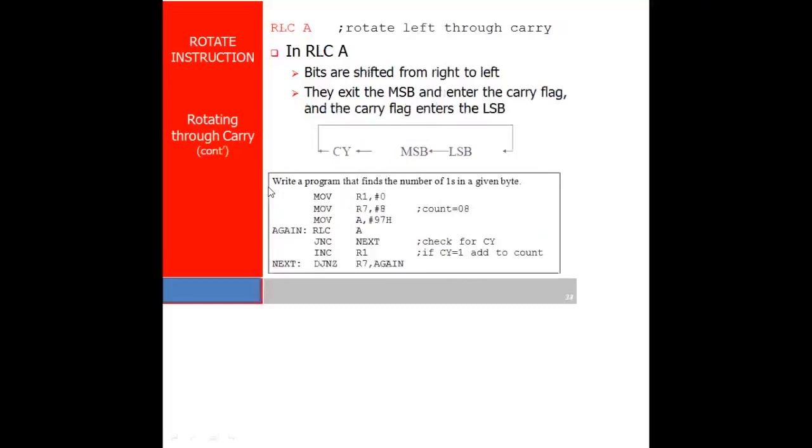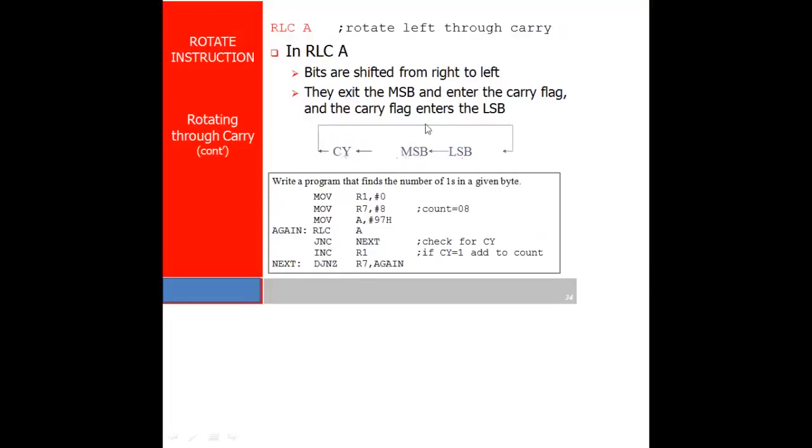Okay. Similarly, you can execute the instruction RLCA, where RLCA means rotate accumulator left through carry. It performs the rotation in the same way as rotate left, rotating the bits of the accumulator to the left, but it goes through the carry. So the MSB bit will go to the carry bit, and the carry bit will be pushed inside the LSB position.